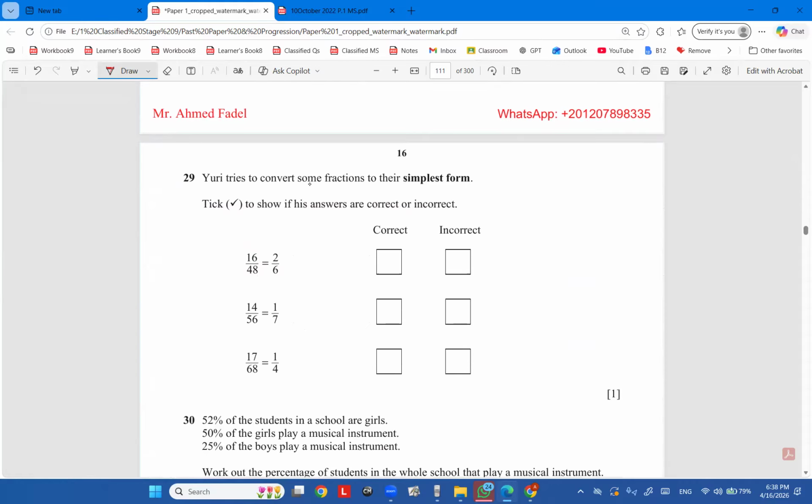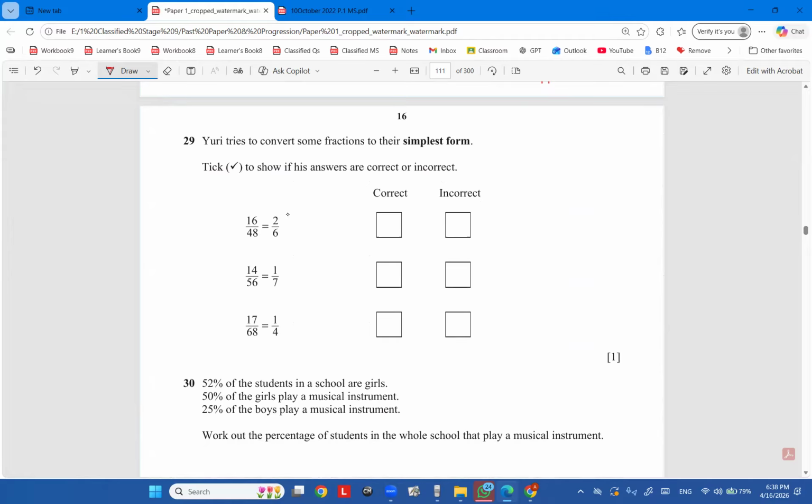Question 29. Yuri tries to convert some fractions to their simplest forms. If you notice over here, without even trying to simplify, this cannot be correct. Even if it's a correct step, it is definitely not the simplest form. So incorrect, I can still divide by 2 up and down.